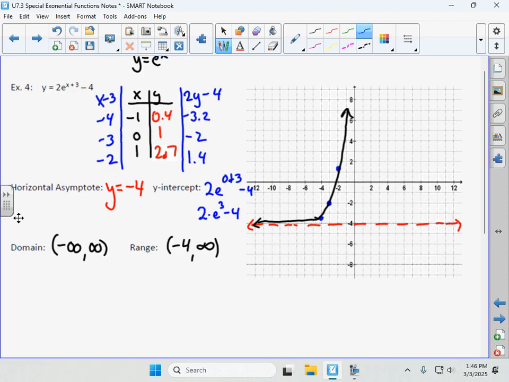Put it all in just like that: 2 times e raised to the third. And then if you want equals, you can. And then just make sure you hit minus 4. All right, so round to the nearest tenth, it's 36.2. It's going to be way up there, 36.2.